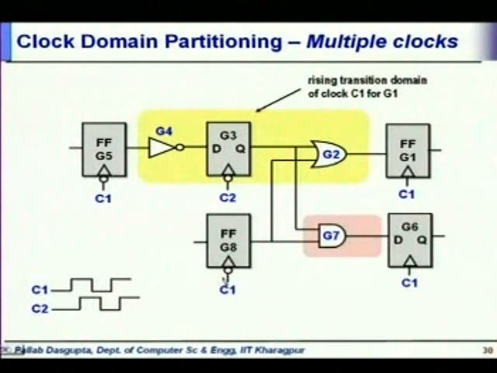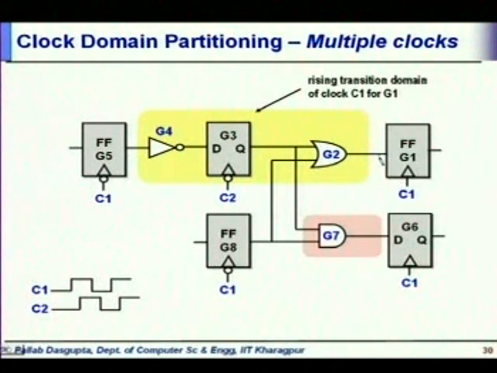They are both triggered at the negative edge, because you see there is a not here. G6 is a latch, we are going to come to that later. Now this one is in the rising clock domain.